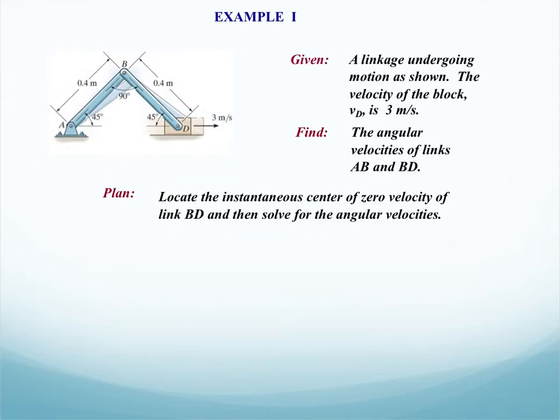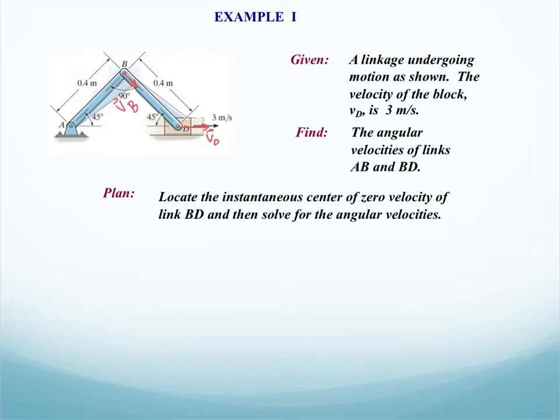Let's look at this example, which I kind of started in class. So for instance, here I have 2 points that are moving. I have this velocity of D, and I have velocity of B right here.